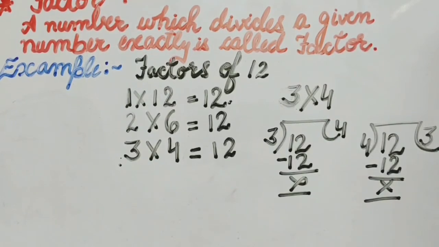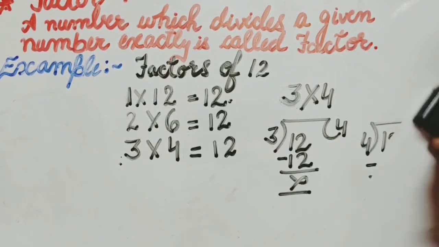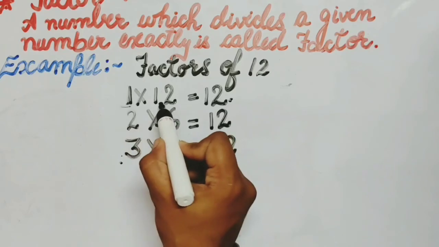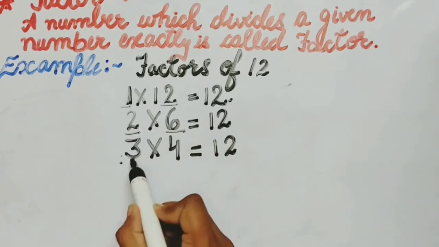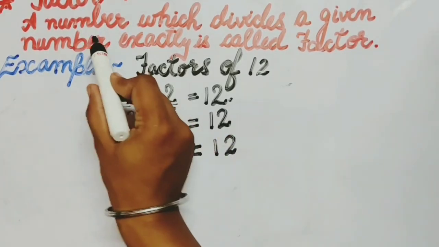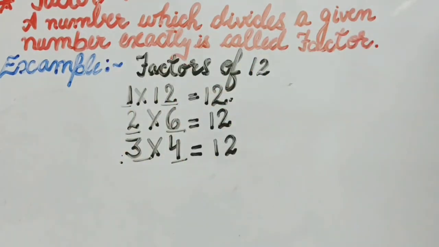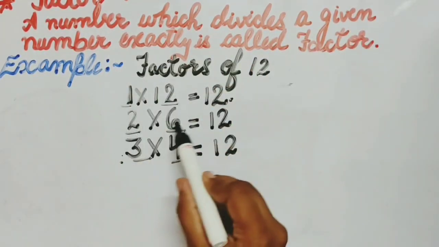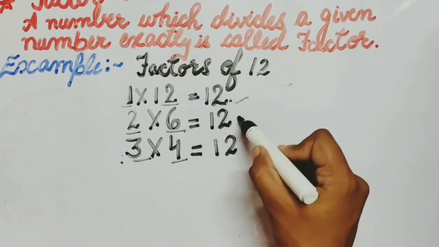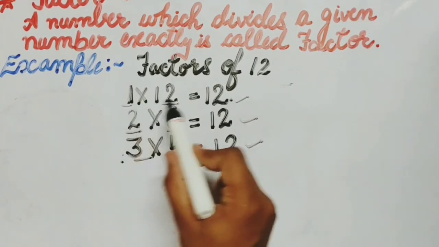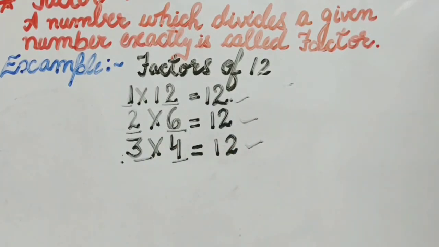So we draw a conclusion, students, about a factor. The pairs which I have made, these are my factors. A number which divides a given number exactly is a factor. All these numbers are dividing this number exactly. So we can say that these all are my factors.